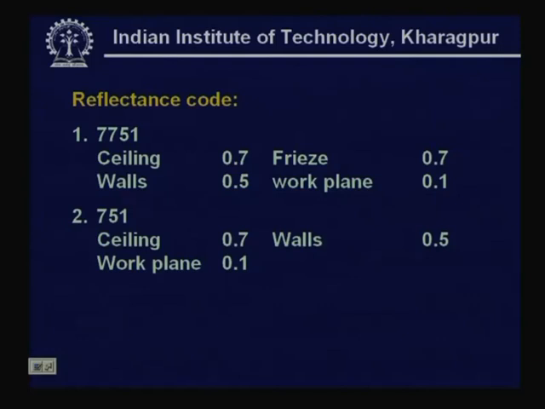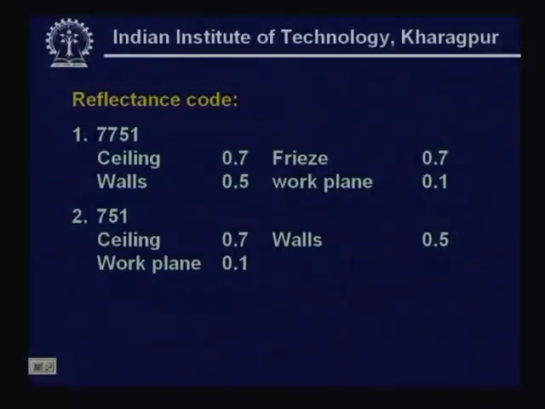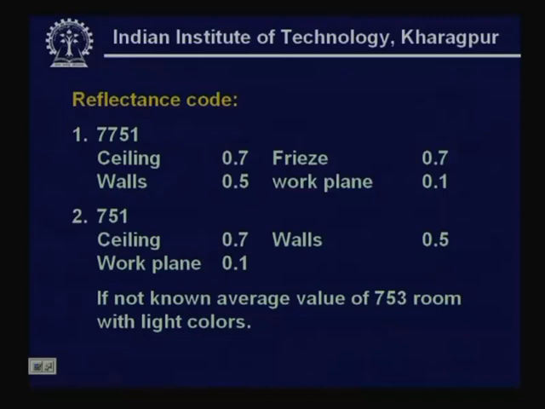Now, this is how the code is specified, but these have to be considered according to the type of interiors one has. So, the lighting engineer has to sit with the architect and the interior designer to look at these factors and then choose accordingly. But if these are not known, the general design principles for interiors tell us that an average value of 753 can be taken if light colors are used.